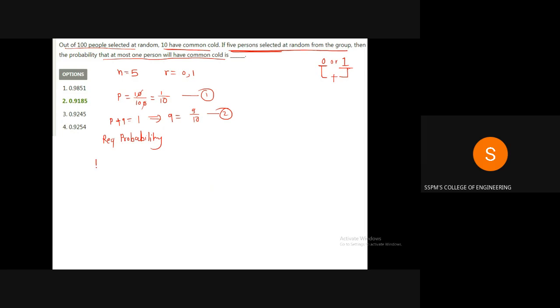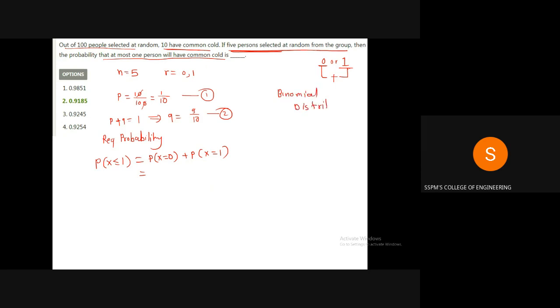So the probability of x less than or equal to 1 is equal to p of x equals 0 plus p of x equals 1. That is, no person has a common cold, and x equals 1 means only one person has a common cold. Now we will use the formula for binomial distribution.